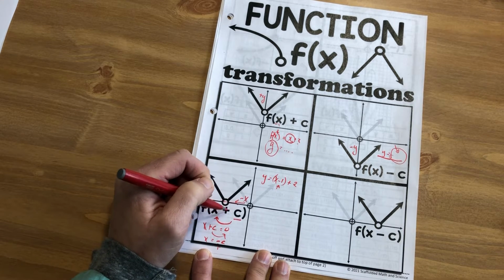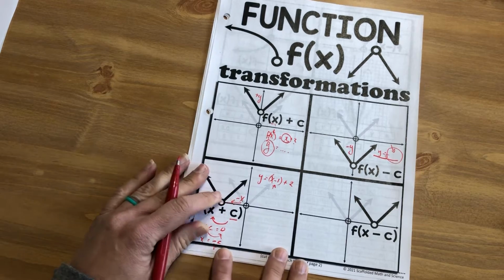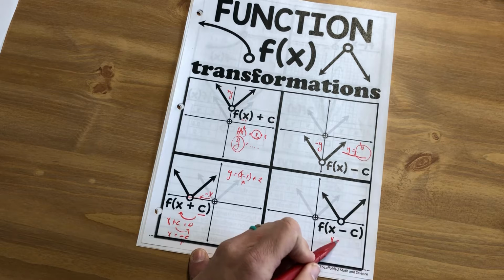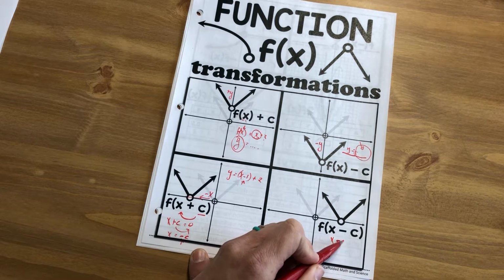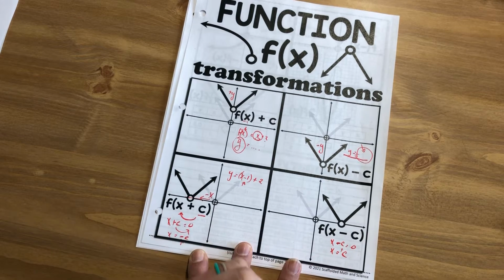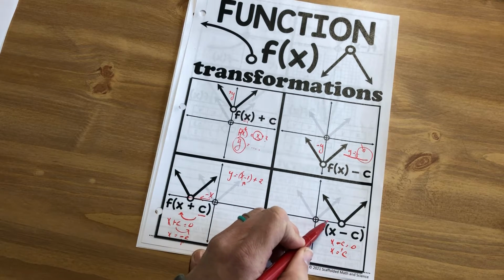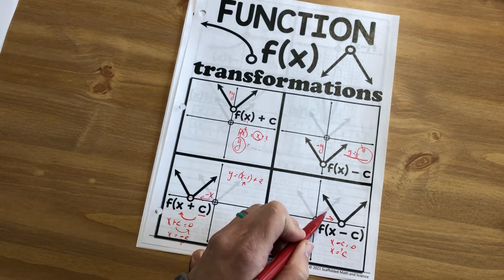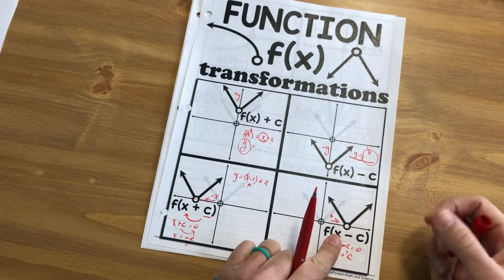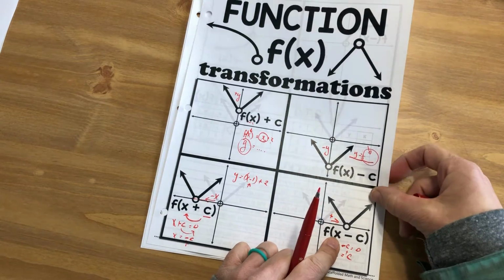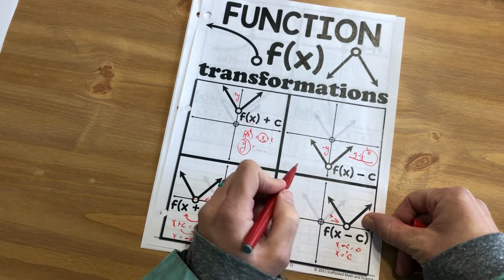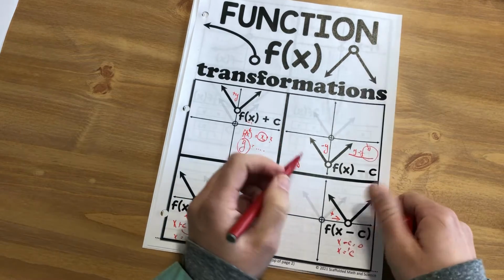That's why if it's a positive, it moves it negatively. So in the same way, if it's a negative, if we set this negative equal to 0, x would equal c, that would be a positive c. So it's going to move your x in the positive direction that way. So this is addressing specifically the x value only. These are addressing the y value because f of x is really our y equals.